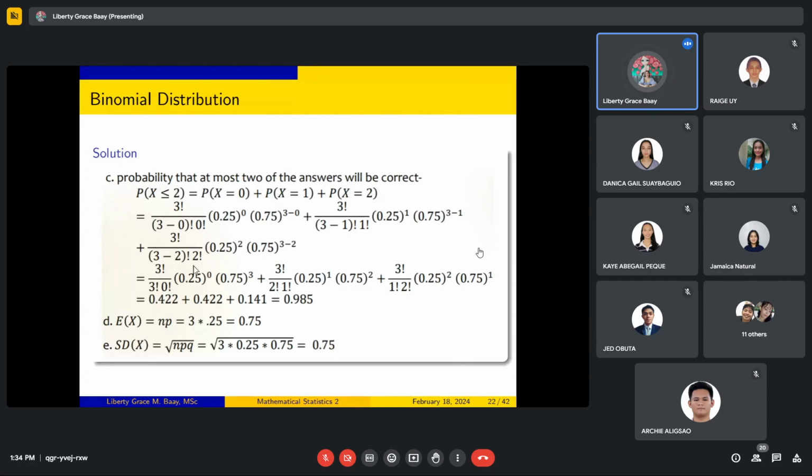In here, the probability of x equal to 0 is 0.422, and the probability of x equal to 1 is also 0.422.